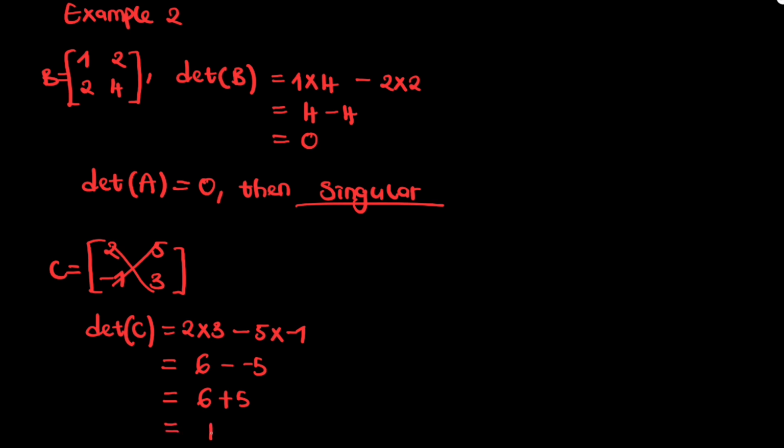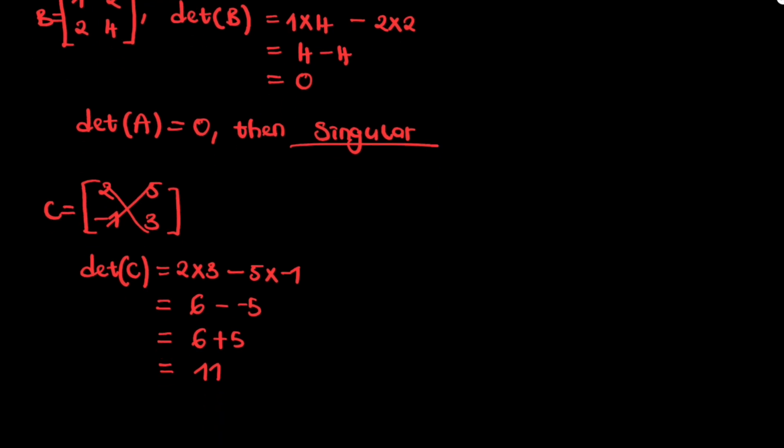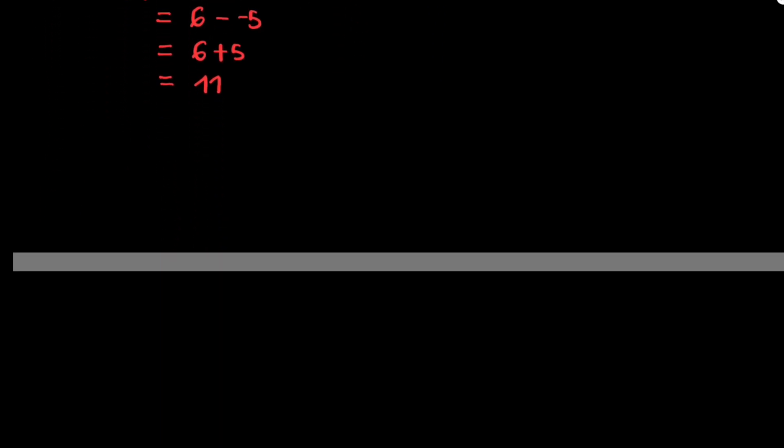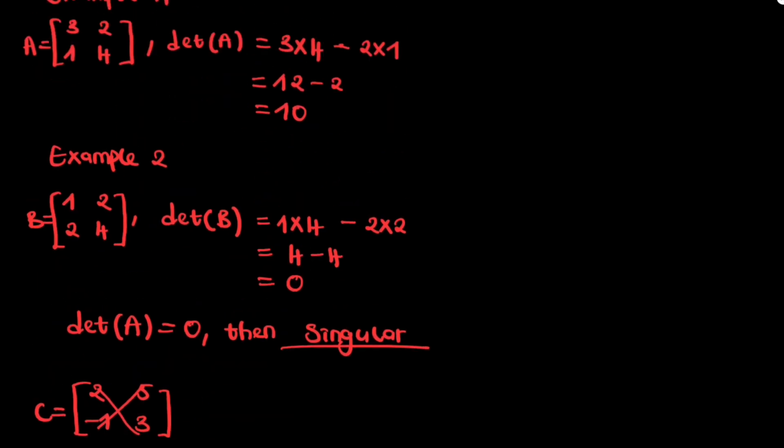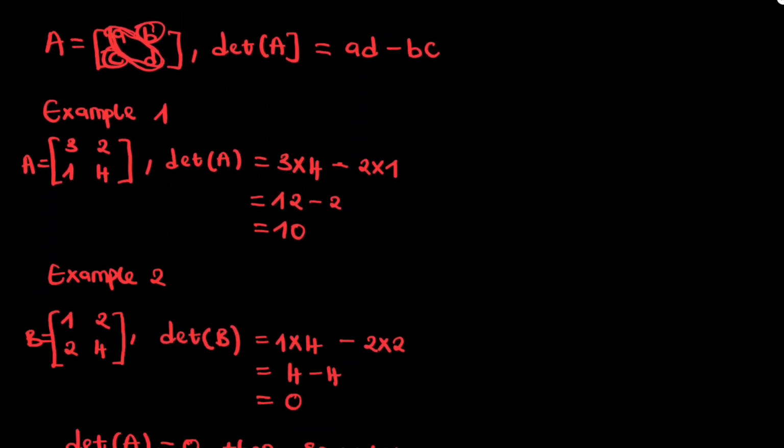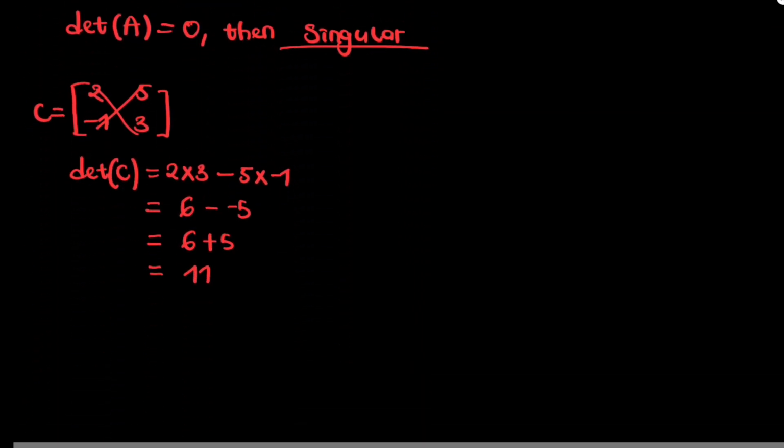And this is 11. So that is the determinant of that matrix C. Okay, all this applies only for 2 by 2 matrices. So that formula applies only for 2 by 2 matrices.